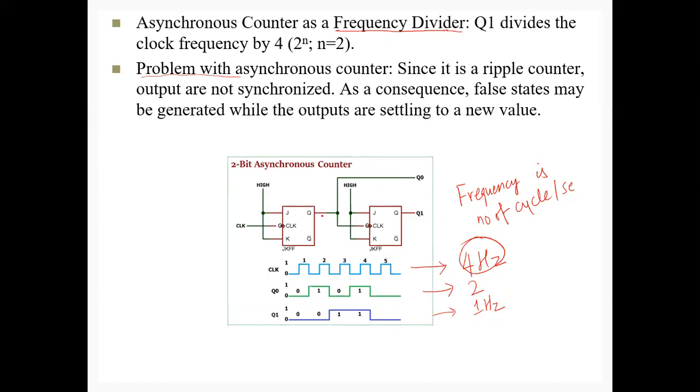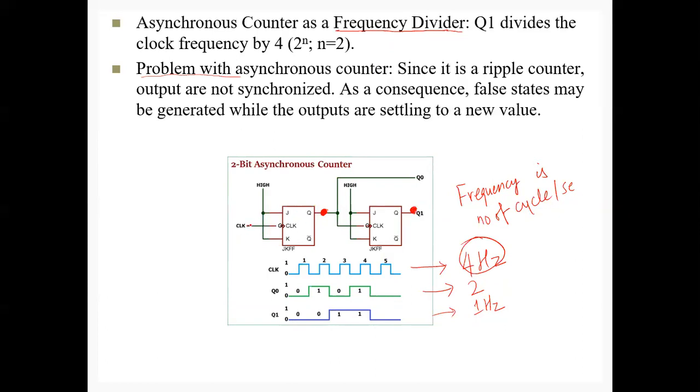Okay, so what I meant is this. So this guy and this guy, will the output appear at the same time? So you have to wait a little bit to settle to the new value, right? Whenever you have a new value here, this is still at the old value.